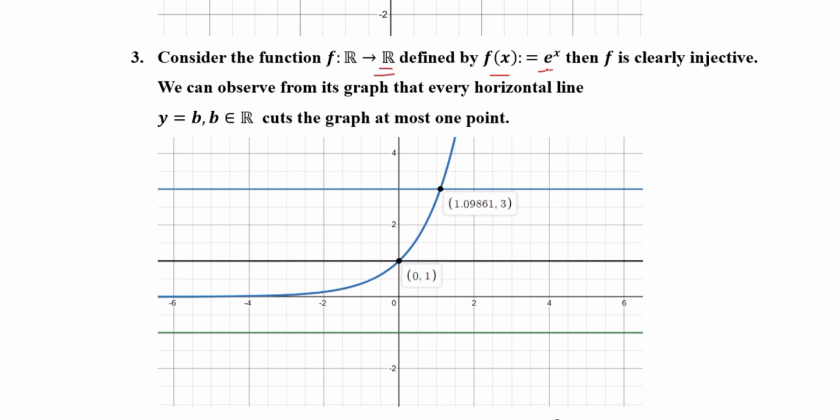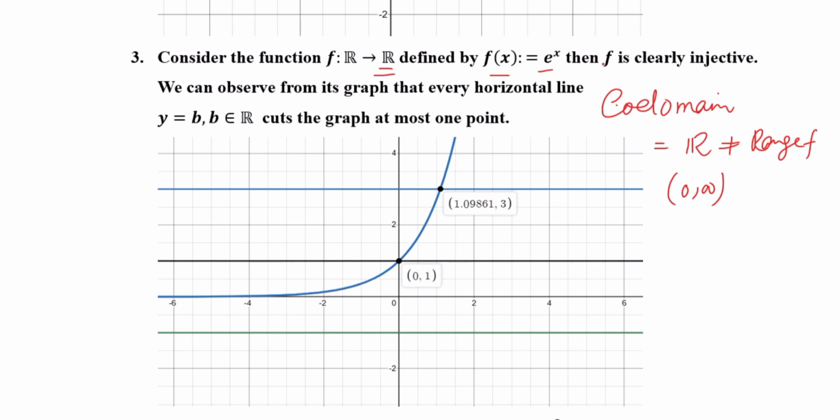Actually, the domain of this function is the set of real numbers, and the range of this function is actually positive real numbers, but I am not taking positive real numbers here. Here, the codomain of the function that I am using is actually the set of real numbers R. So this is not equal to the range of the function here. The range of this function is positive real numbers.